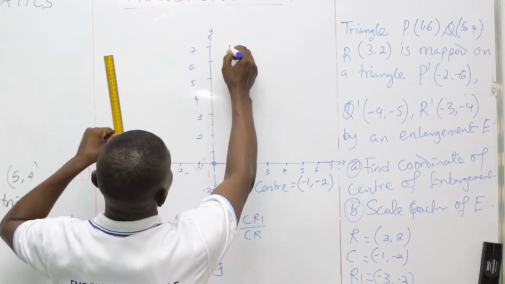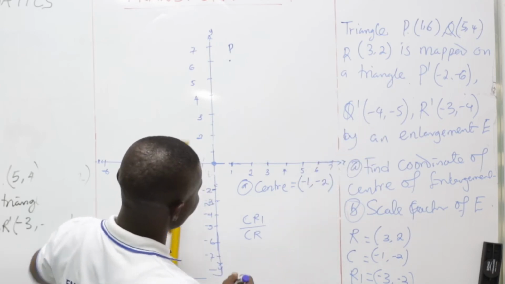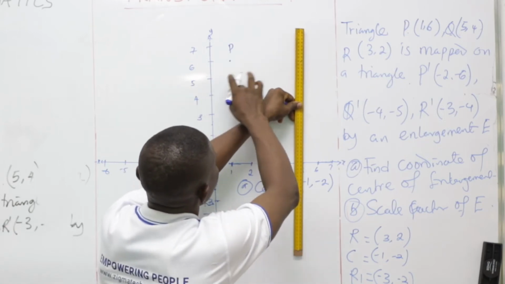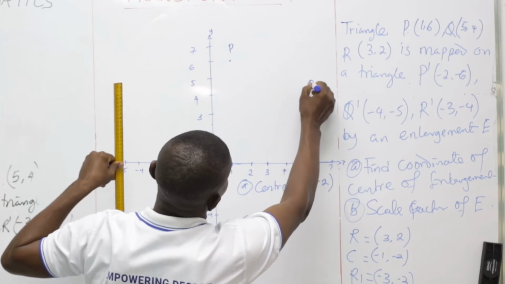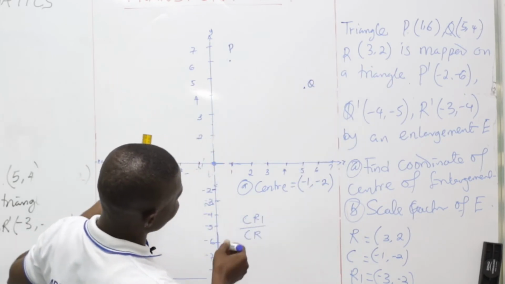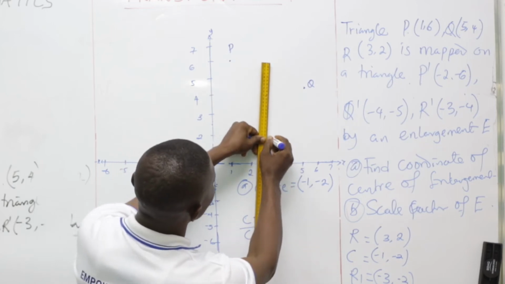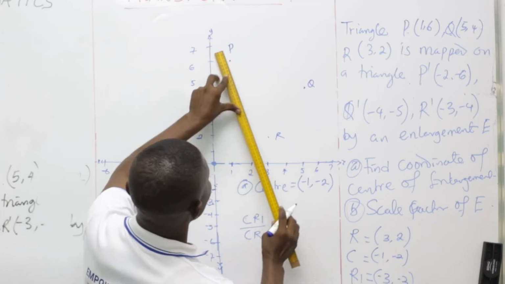You call it P. The next one, Q, 5, 4. That is x-axis is 5, y-axis is what? 4. Call it Q. The next is 3, 2. X-axis 3, y-axis is 2. This way, call it R. Let us join it now.